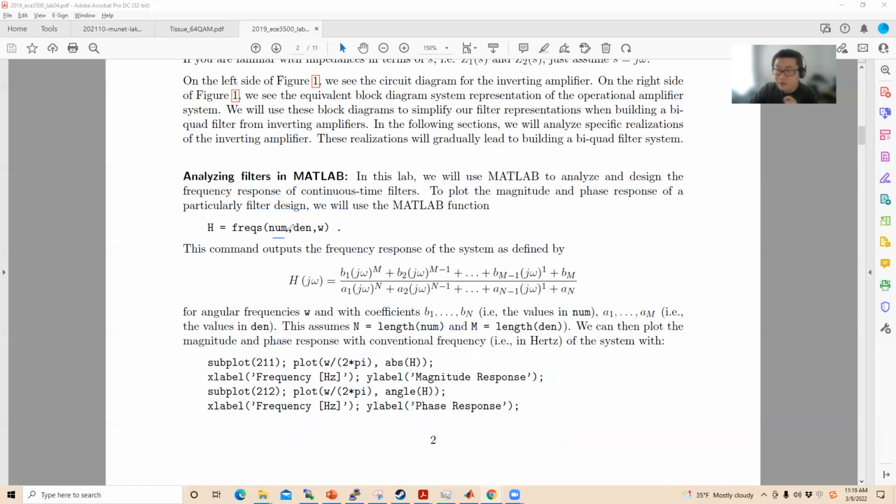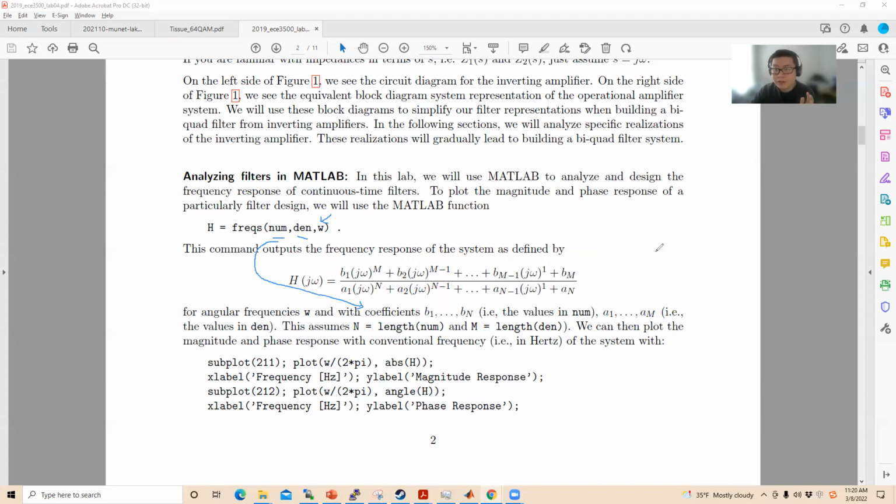This numerator is a vector corresponding to the coefficient vector b1 to bn, and this denominator is corresponding to the coefficient vector a1 to an, and this omega is defined by ourselves. That's the range of omega.